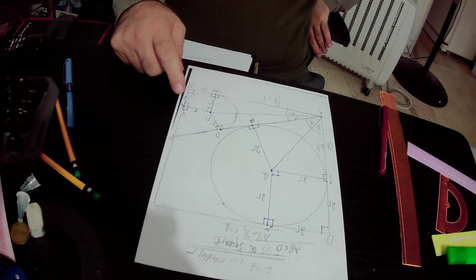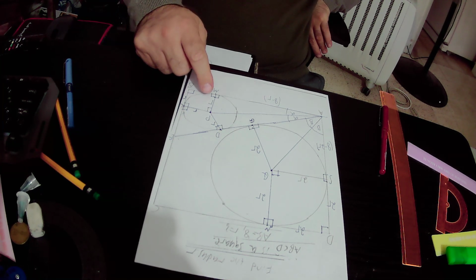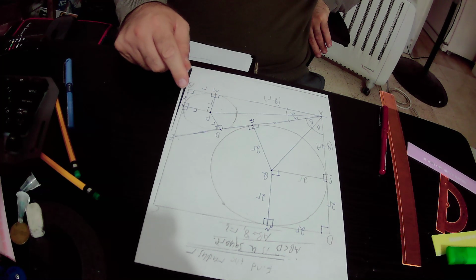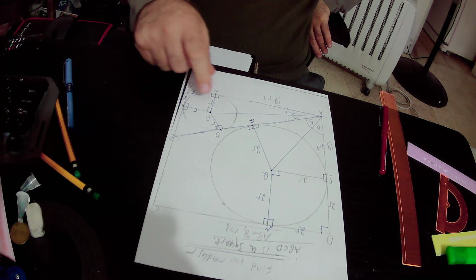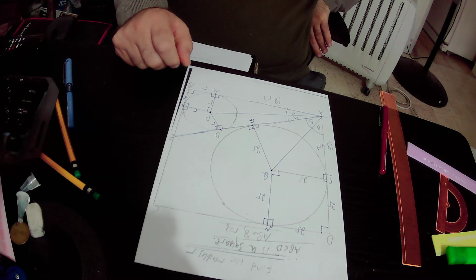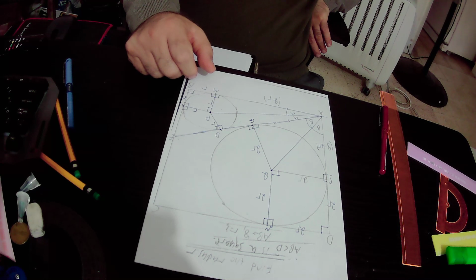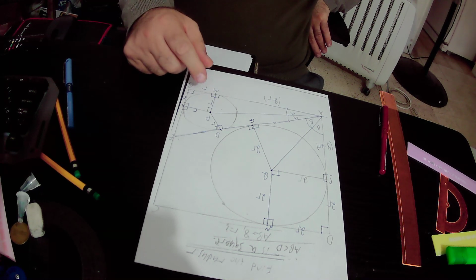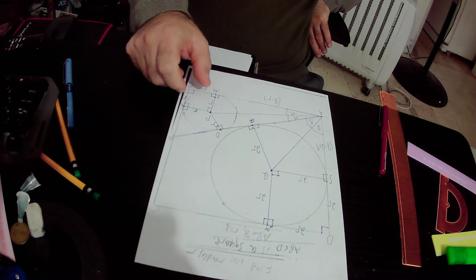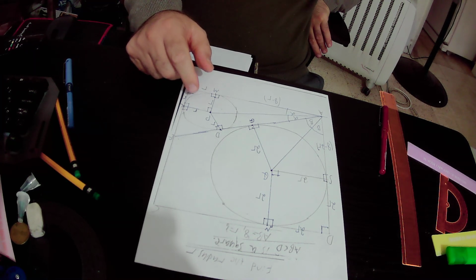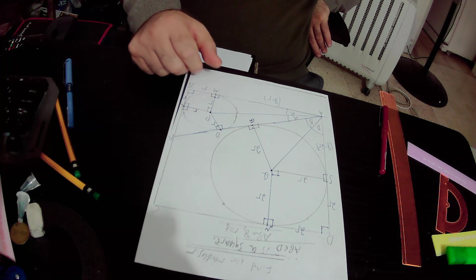PM equals LB, but we know that PM equals R, so LB will also be equal to R. And we also know that PL equals R, and PL equals MB because the opposite sides of a rectangle are equal. So if PL equals R, then MB will also be equal to R.